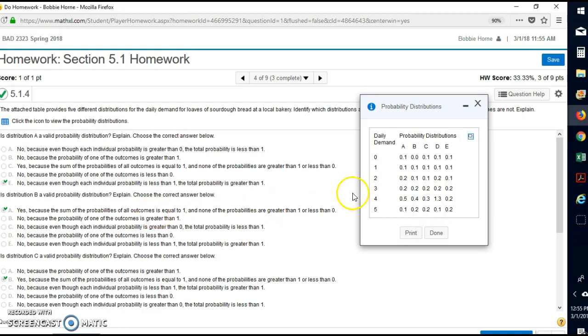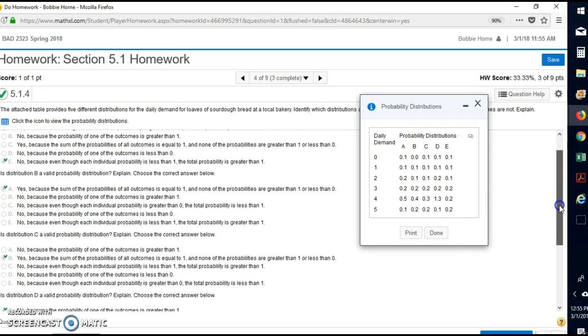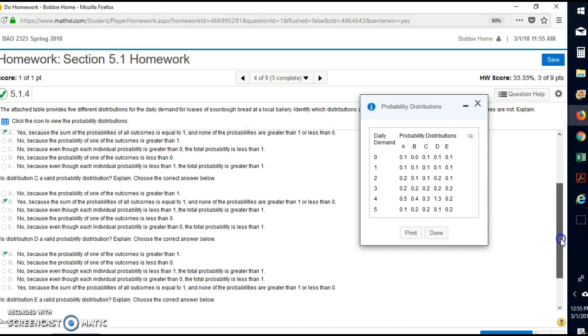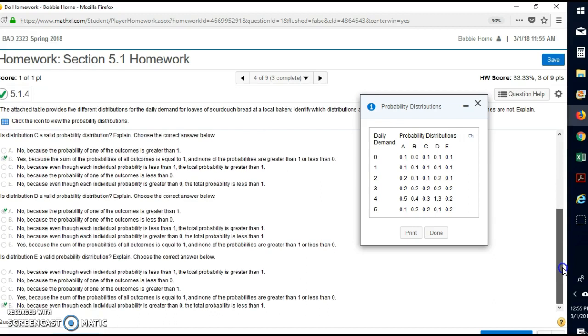So yes, it is a valid probability distribution, because the sum is equal to 1, and none of them are greater than 1 or less than 0. For D, we have a problem because this one is greater than 1. So no, because the probability of one of the outcomes is greater than 1.